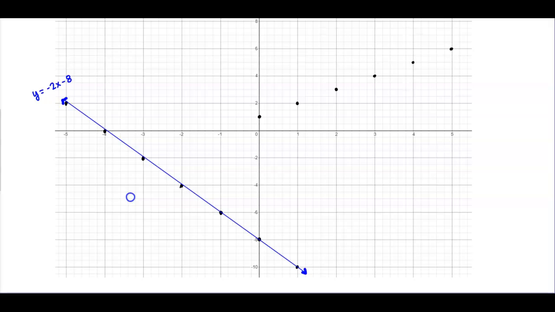Then we're going to go in the other direction. So we're going to go down 1 to the left 1, and repeat that several times. And now let's create our line here.